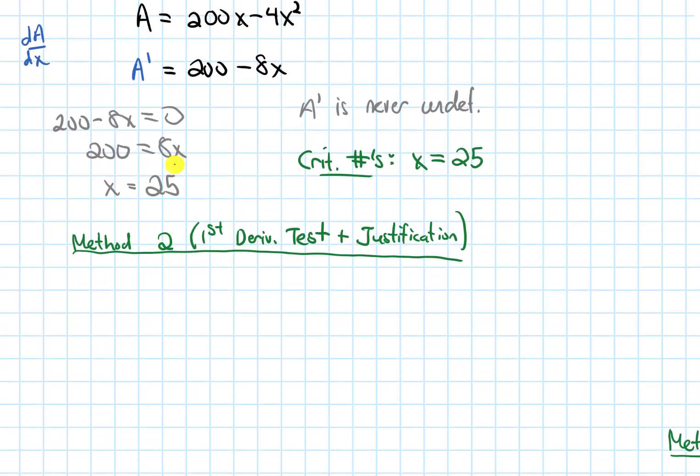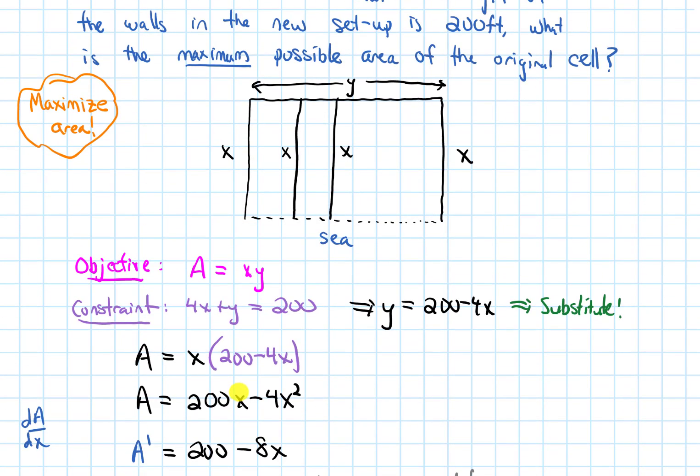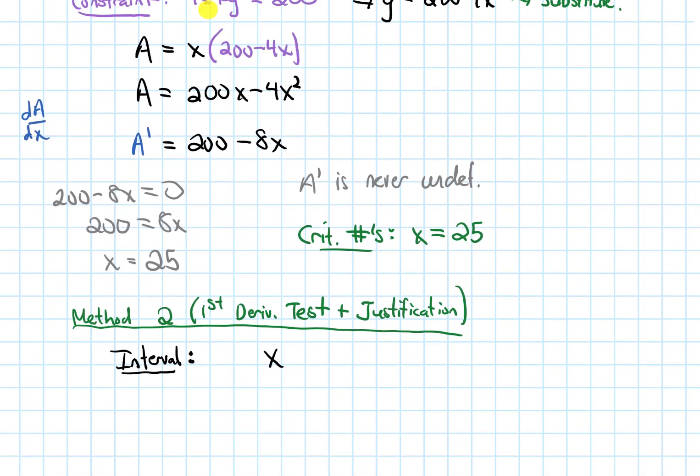Before I go to my number line, it's going to be helpful to think about the interval for my variable, just so I don't plug in things that don't make sense in the context of the problem. For my variable x, x is the length of 4 of these walls. The smallest that could be is 0. In fact, x is allowed to be equal to 0.